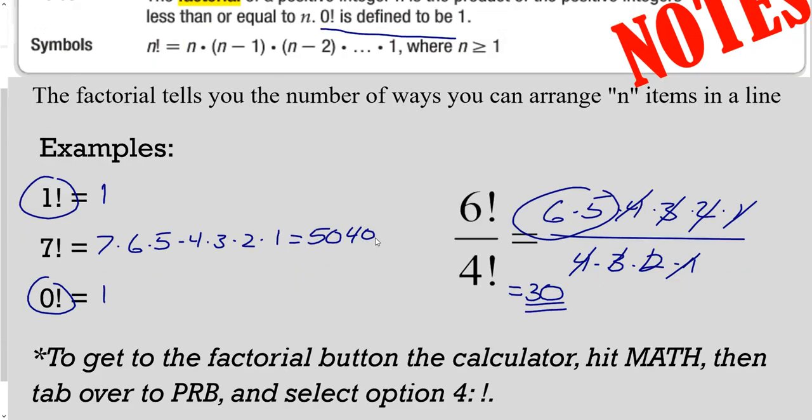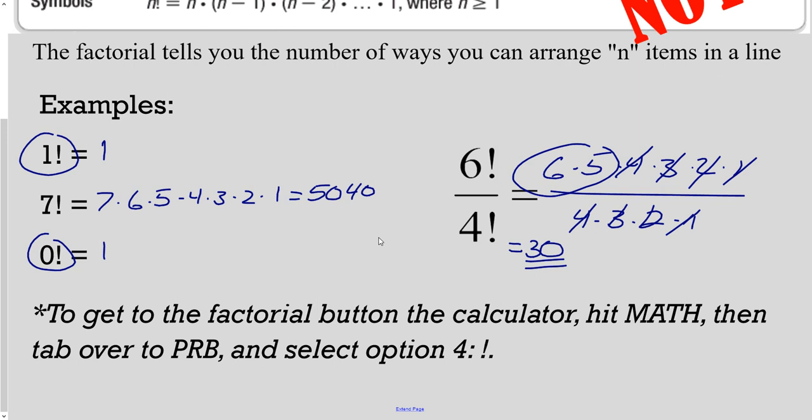Okay, now if you have a TI calculator, TI-83, TI-84, TI-84CE, TI-89, there is a button in the calculator for factorial. You're going to choose the number that you want, so 6 or whatever, and then you're going to hit Math, tab over to the right until you get to PRB, which stands for probability, and then option number 4 is an exclamation point.